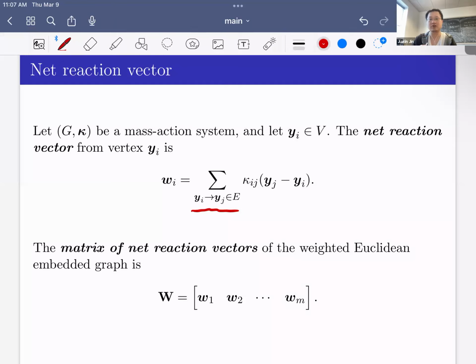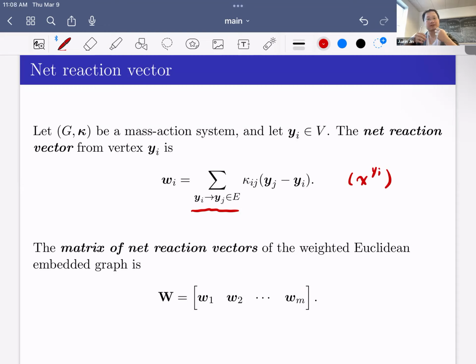If you do this summation, we call it net reaction vectors. Clearly, it is just the output of the effect from the vertex yi. As long as you let it times x to the y power, it is exactly the part on the right-hand side of mass action kinetics.